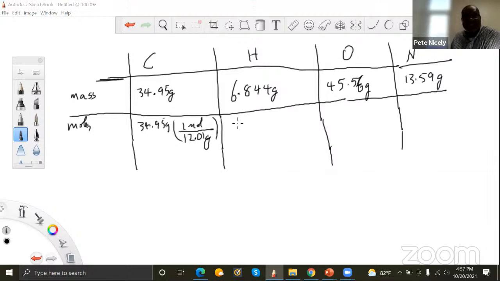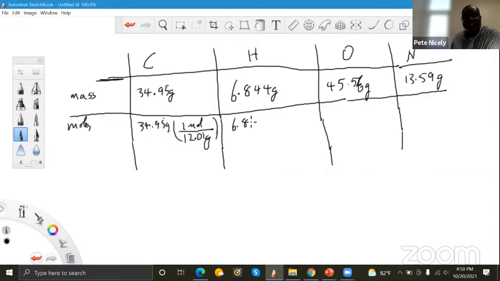And we do the same thing for the other elements. So in the case of hydrogen, it is 6.844 grams multiplied by 1 mole over 1.008 grams. In the case of oxygen, it is 45.56 grams multiplied by 1 mole over 16.00 grams.